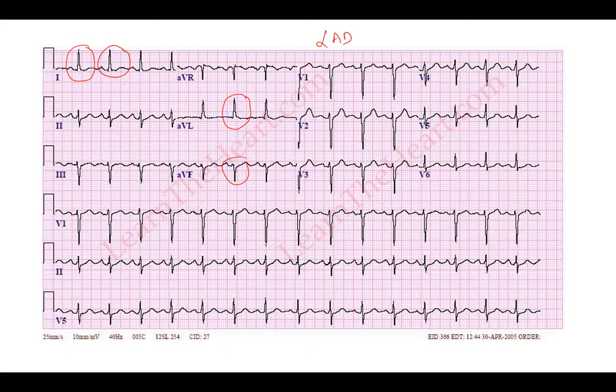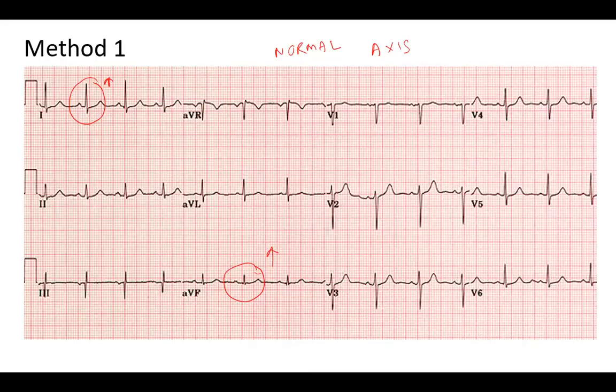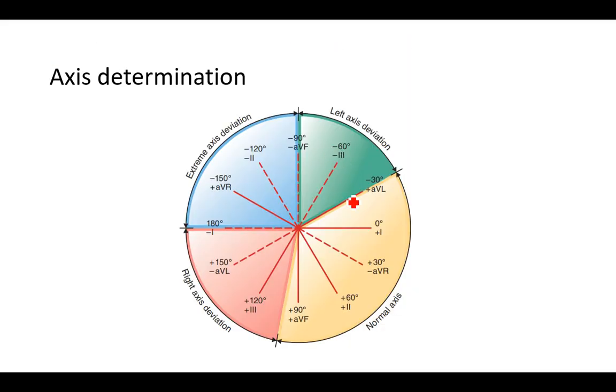So that means the direction of the axis will be in between the lead 1 and lead AVL directions. This is the direction of lead 1 and this is the direction of lead AVL, so the axis will most probably be in between.